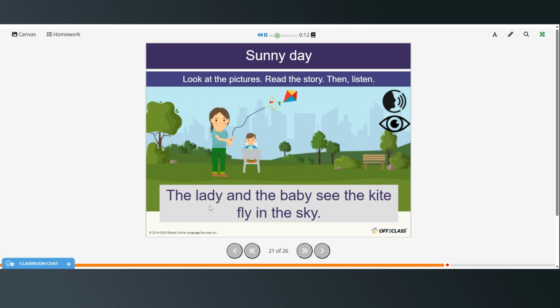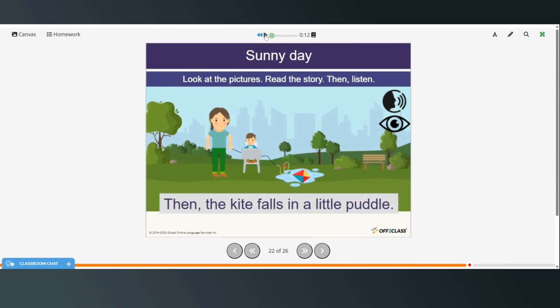The lady and the baby see the kite fly in the sky. Then the kite falls in a little puddle.